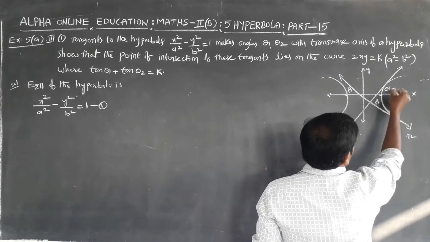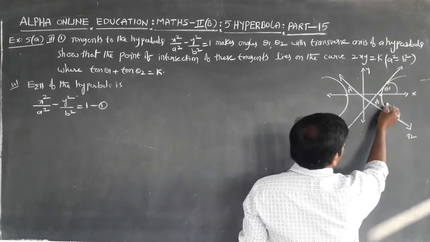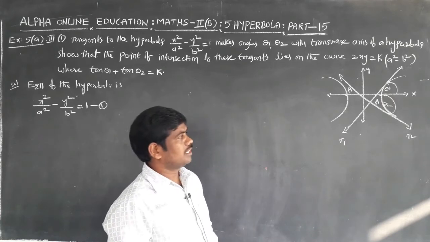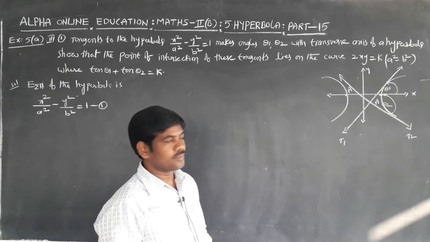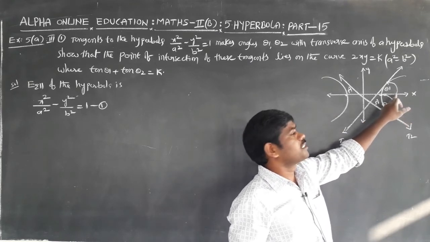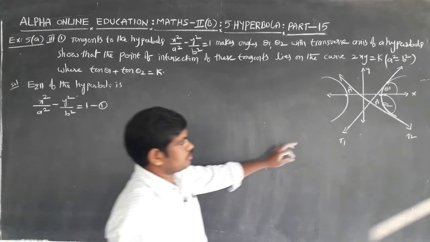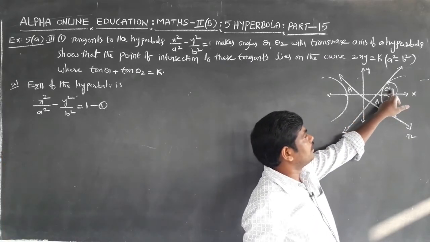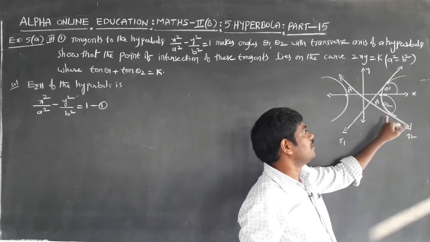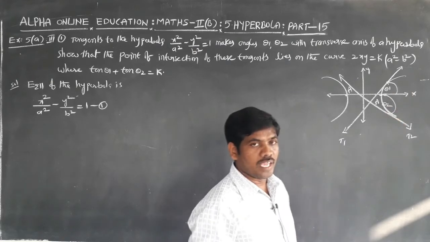The first tangent makes an angle theta 1 with the transverse axis, means the x-axis. The second tangent makes an angle theta 2 with the positive x-axis.